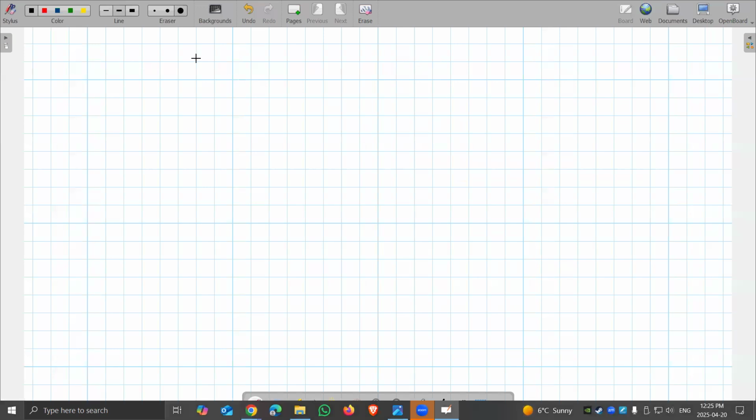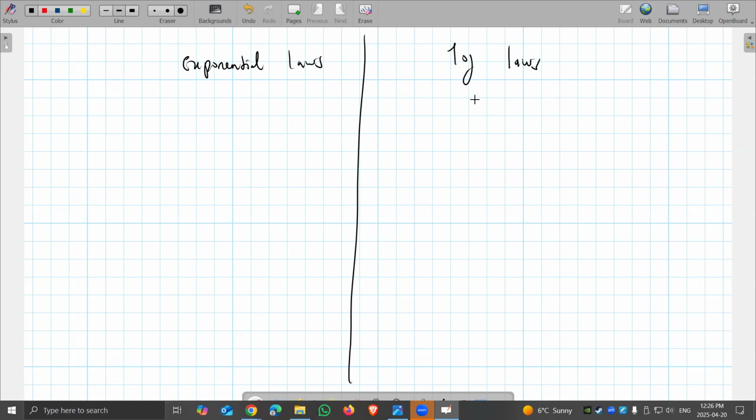So let's start with exponential laws, and then we will do log laws. So for exponential laws, there's one for addition, there's one for subtraction, and there's one for power.